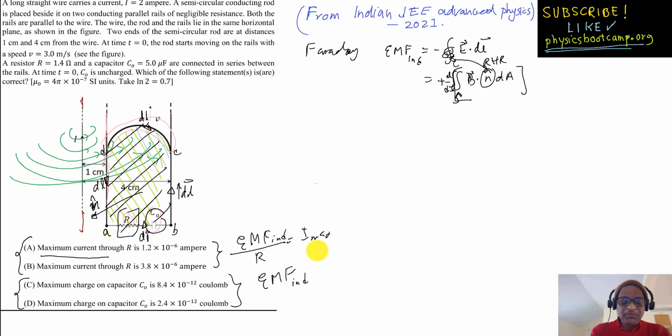So Q equals CV, right? So C times the EMF will be Q max. These are the two formulas we can use, but we first need to find the induced EMF.